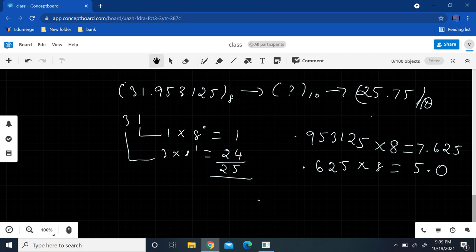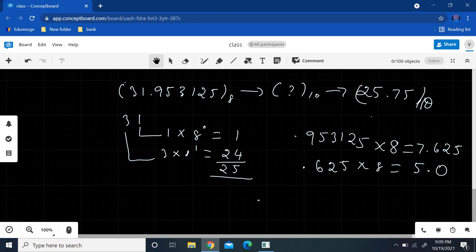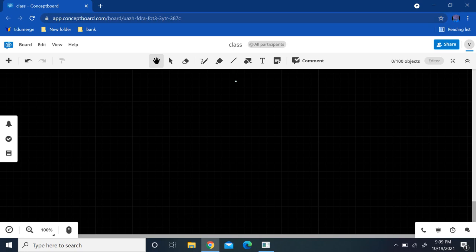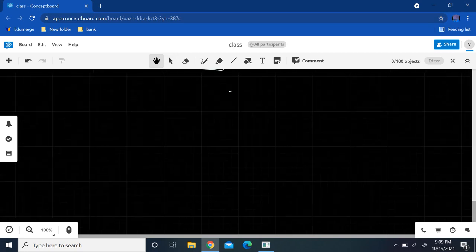Now let us move to another example, that is hexa conversion.